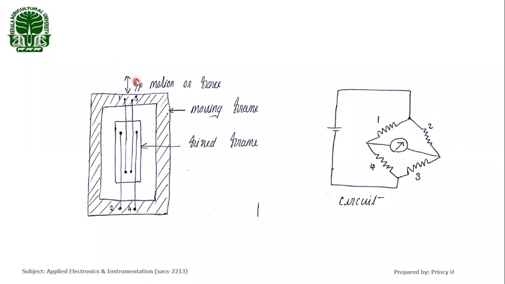When we apply the force or stress to be measured on this movable frame, what happens? The frame moves. When we apply a downward force, the movable frame moves downward and the fixed frame stays there, and wires 2 and 4 become compressed, and 1 and 3 experience tensile strain.